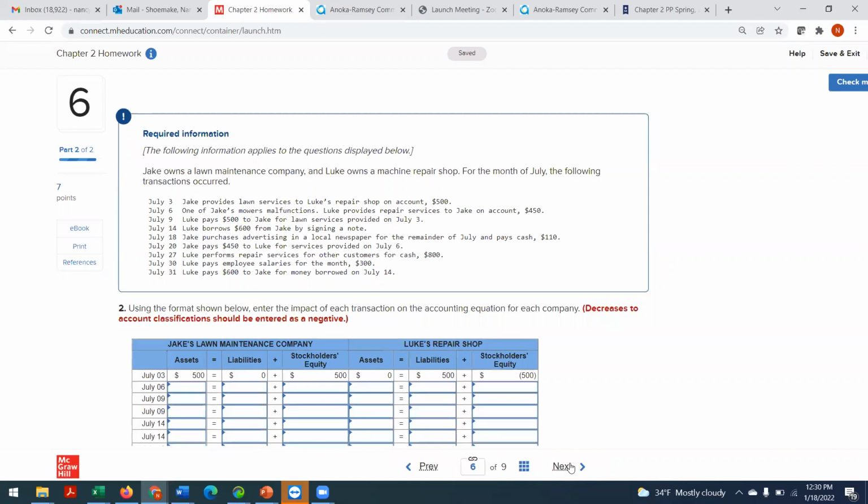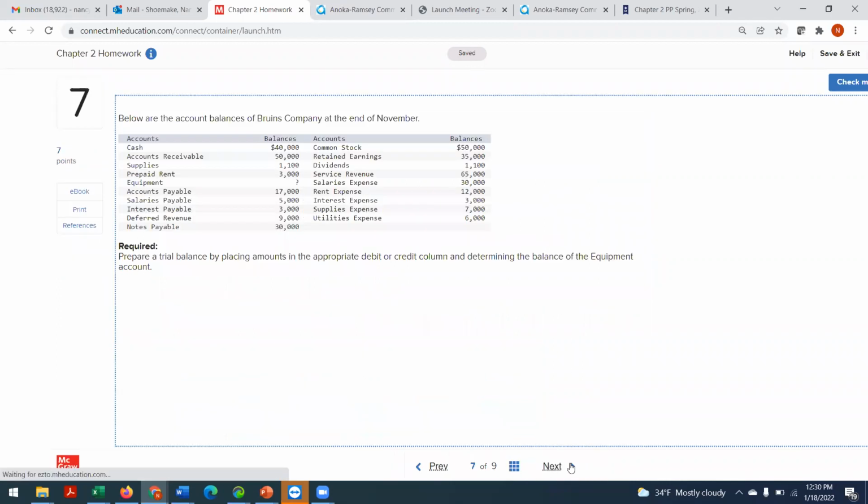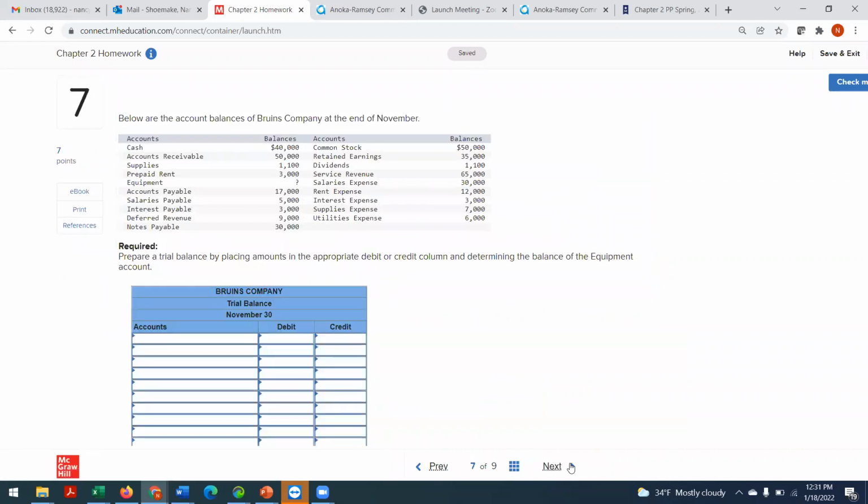And then again, you'll show how the various journal entries affected the accounts. Now, this number 7 is to prepare a trial balance.